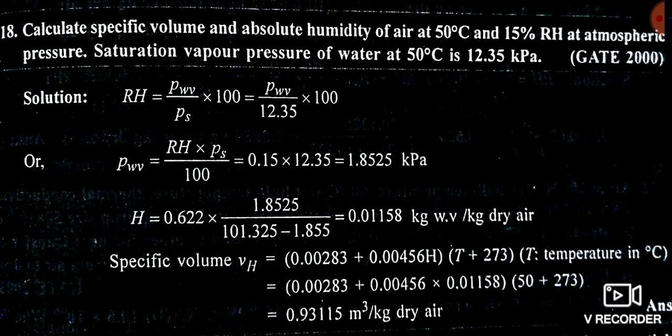So we will calculate the partial pressure of water vapor, that is 1.825, and we will calculate the absolute humidity, that is 0.622 into 1.8525 divided by 101.325 minus 1.825, and after that, friends, we will put in the specific volume formula, that is 0.00283 plus 0.00456 H into T. Friends, you clearly remember that for specific volume the temperature is in Kelvin.